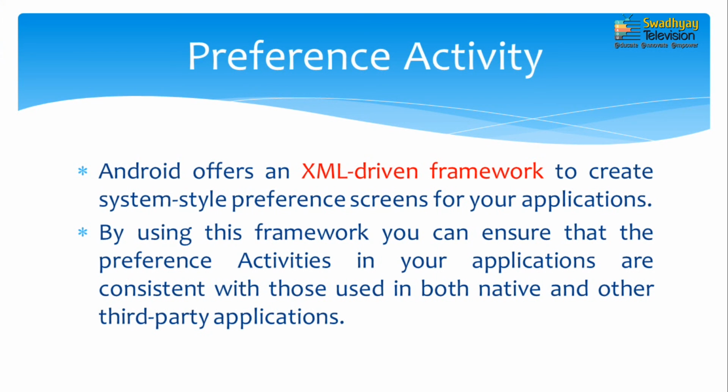Using this framework, you can ensure that the preference activities in your application are consistent with those used in both native and other third party applications. In the earlier example, we assumed that we take inputs for preferences from the user by creating our own layout, but in this case the layout for getting preferences is an XML file, and you can use this XML file to create a consistent look and feel for your application similar to other applications in your phone.